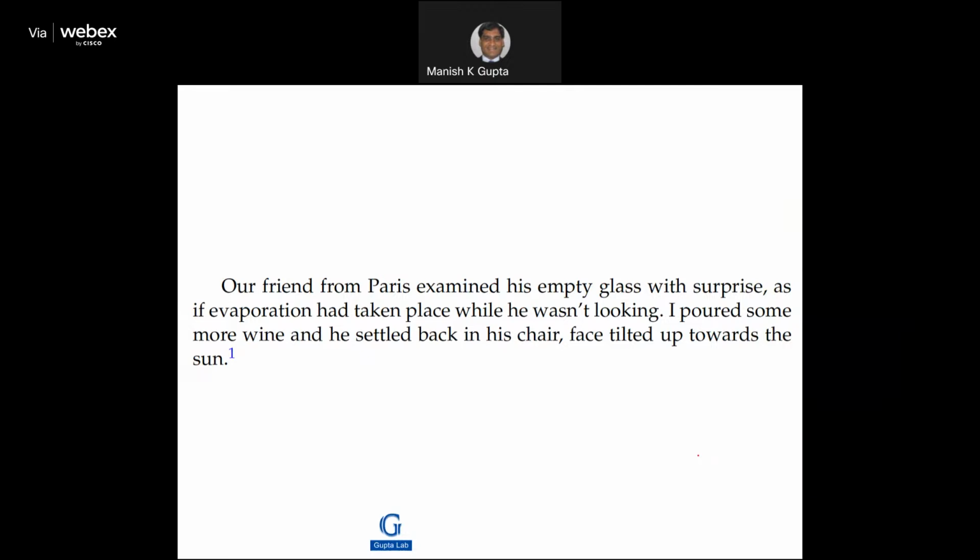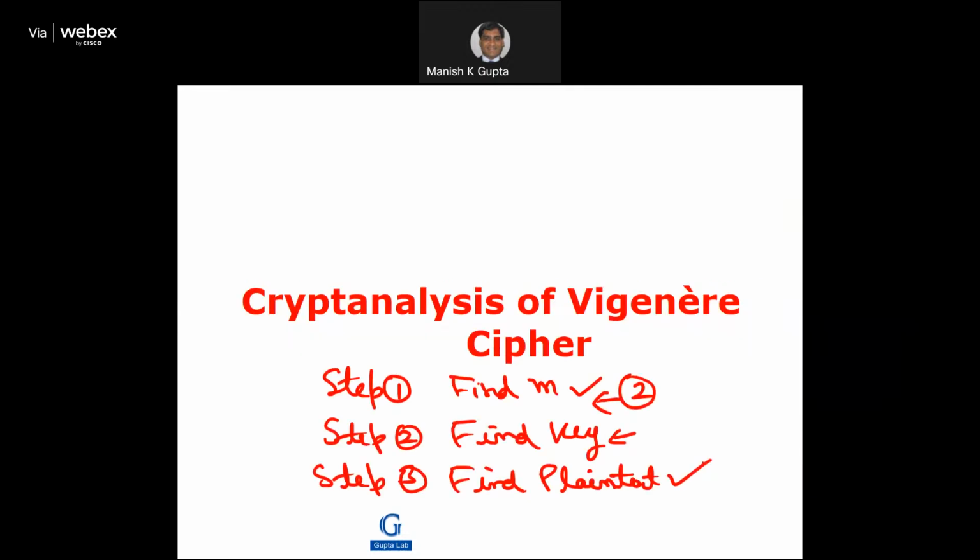Next we are going to do cryptanalysis of the Vigenere cipher. I just mentioned the Vigenere cipher to you, right? The key is K equal to K1, K2, up to Km. It is a 3-step process.